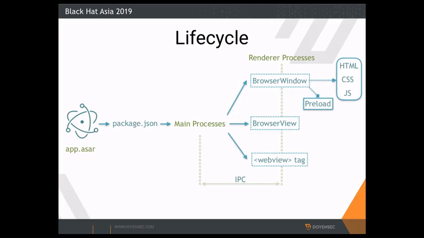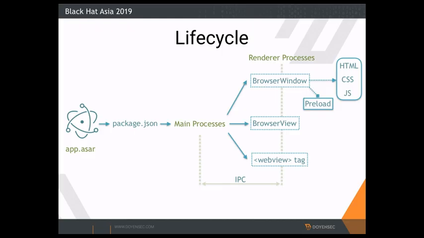And with today's releases of Electron, there are 3 ways of creating a render process. The most common one being the browser window. Browser view is a recently introduced object. The webview tag is a custom HTML tag that is understood when you run some content inside an Electron context.